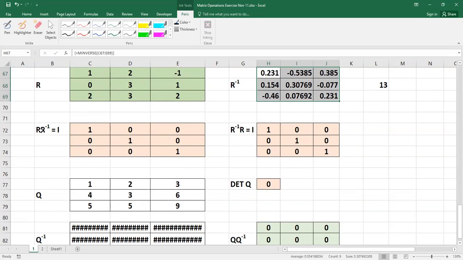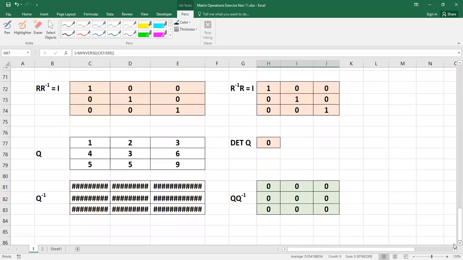Whether it's post-multiplied, which means you multiply it after the matrix, or pre-multiplied, in this case, guys, the order will not matter. It will always be multipliable because these are square matrices. So whether we post-multiply our inverse or pre-multiply it, it won't matter, and we will always get the identity matrix as a result.